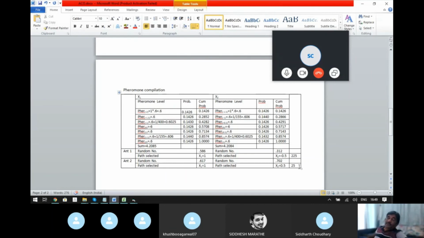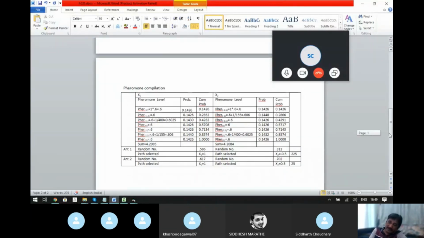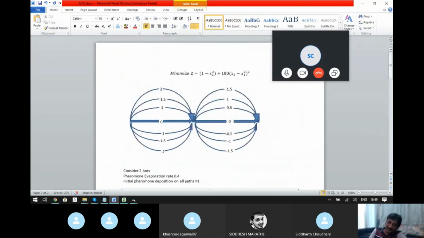Okay, so this is how functions are optimized by using Ant Colony Optimization. This is again a robust algorithm because it can also be used to handle various problems in optimization.